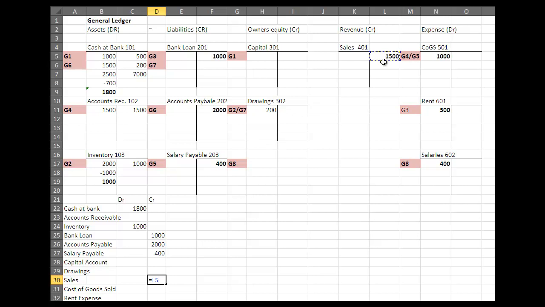revenue, sales is 1,500 credit, and we have cost of goods sold 1,000, rent expense 500, salaries 400. Clearly having problems with cost of goods sold today.